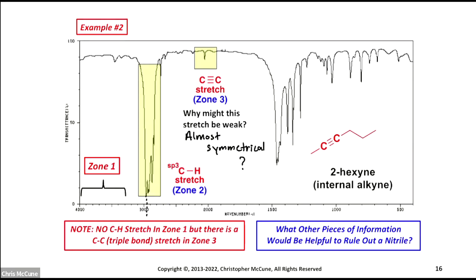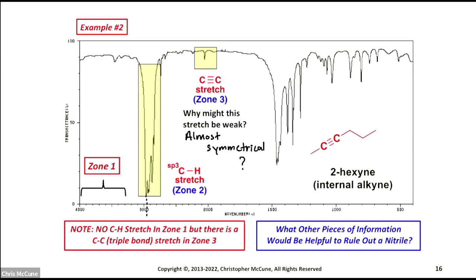I've got a triple bond in 2-hexyne, but if you think about the change in dipole that would result from stretching this triple bond, it's not going to be a huge change because on both sides I've got pretty similar functional groups. They're both alkyl groups, so I'm not really influencing the dipole that much in terms of differentiating it. But once again, I have an internal alkyne, so the zone 1 CH stretch is no longer there.